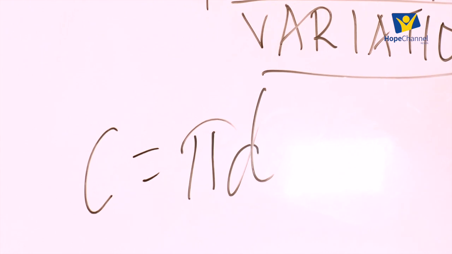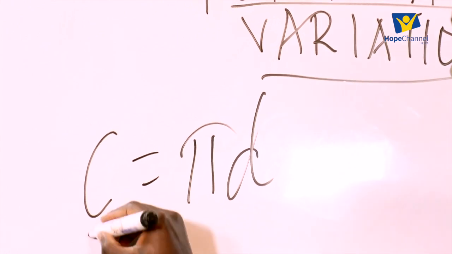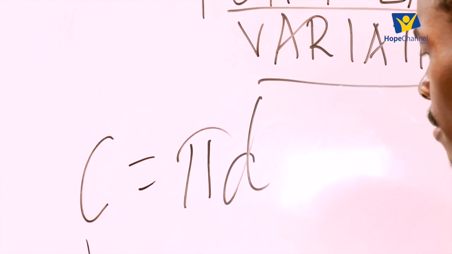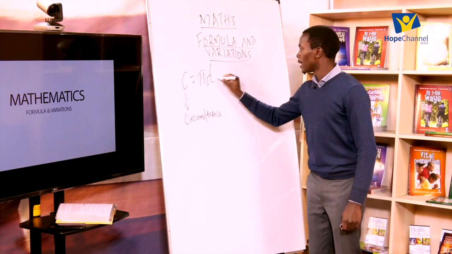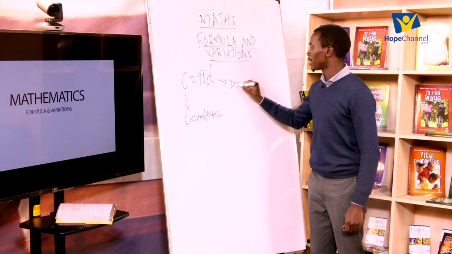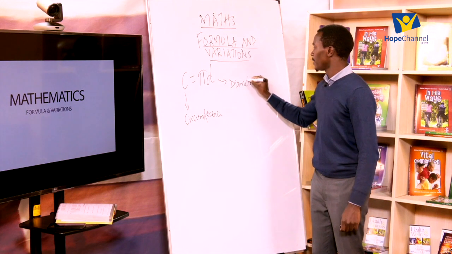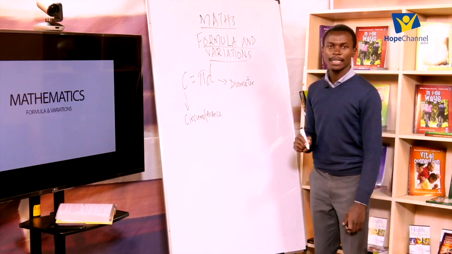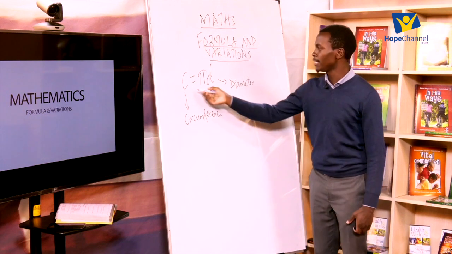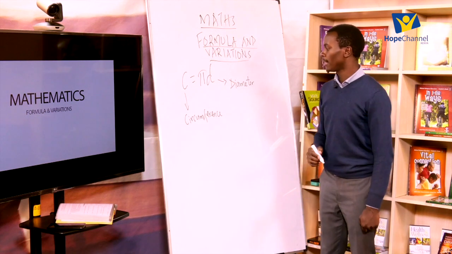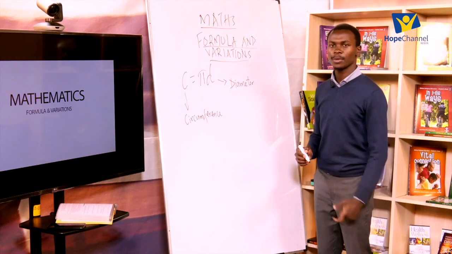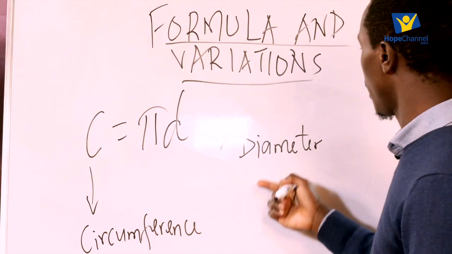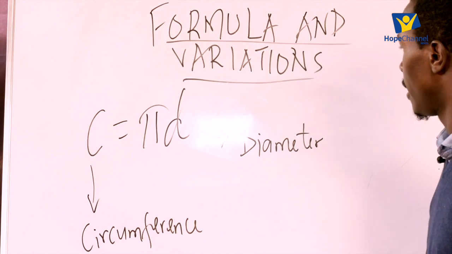This formula is relating two quantities, that is circumference and d, which is the diameter of the circle. So basically the formula in this case is c is equal to pi d, and that is a formula. It is relating two quantities. The first quantity is the circumference, and the second quantity is the diameter.